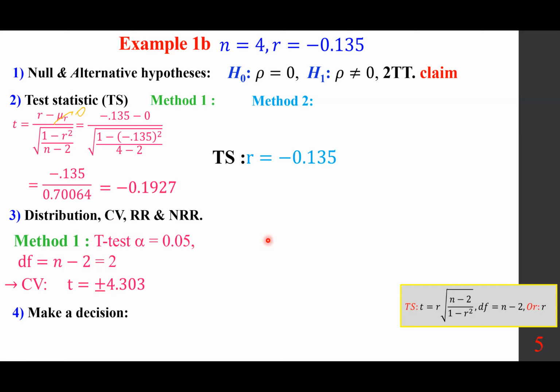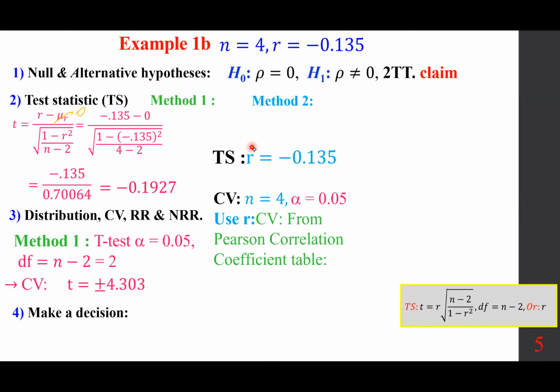The second method uses the critical value from the Pearson correlation coefficient table. We also have that table in our last module of Canvas. N is 4, alpha is 0.05. In both cases, I will show you on the next page how to get that. So the critical value from this table is plus or minus 0.950.